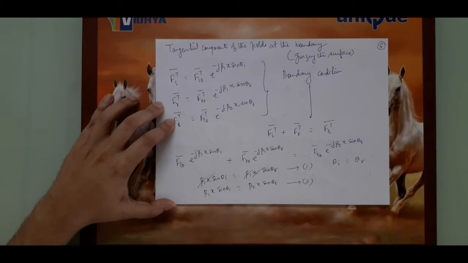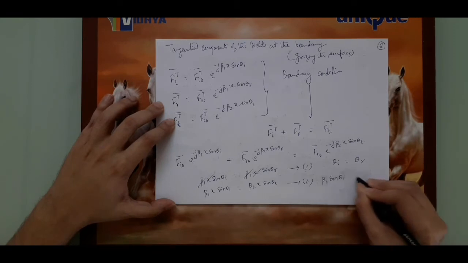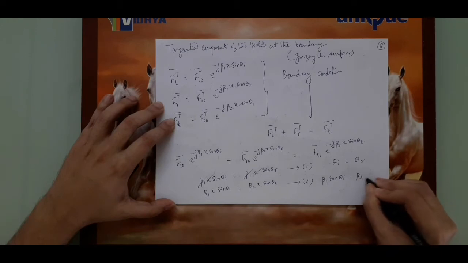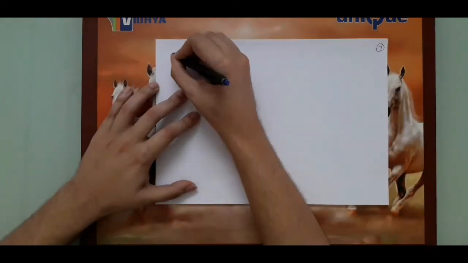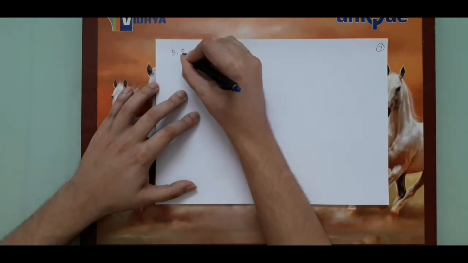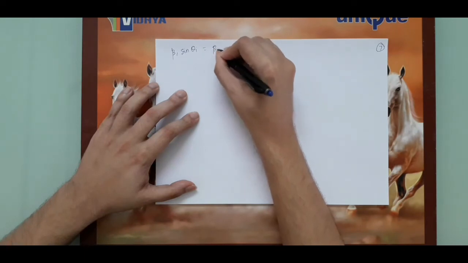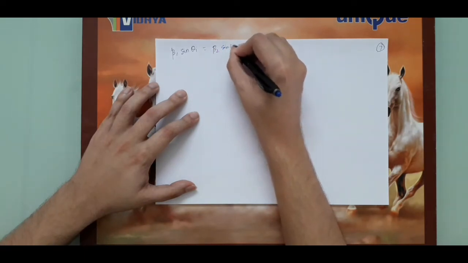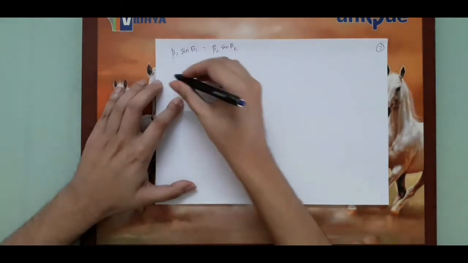But point number 2 is a little tricky. We are saying beta 1 sine theta I is equal to beta 2 sine theta t. Let's understand what this means. If I am writing beta 1 sine theta I is equal to beta 2 sine theta t, let's substitute what beta is.